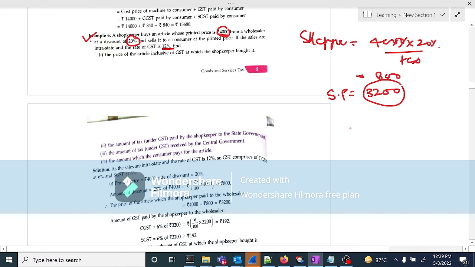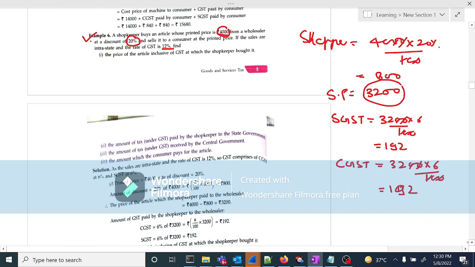So we'll calculate separately. SGST: 3,200 at 6% is 192 rupees. Then CGST 6%, that is 192 rupees.